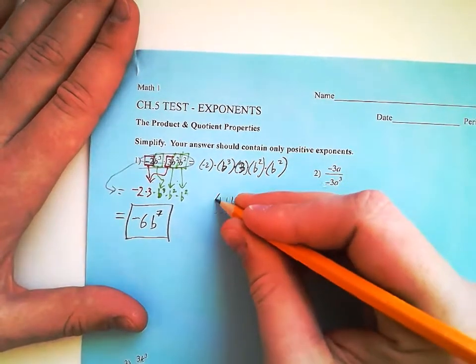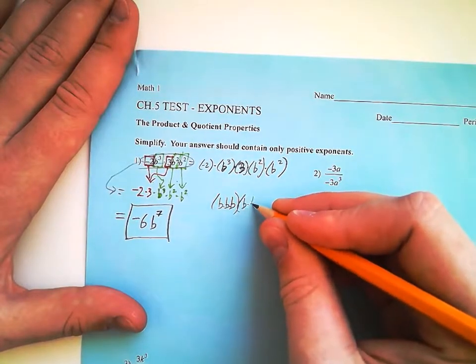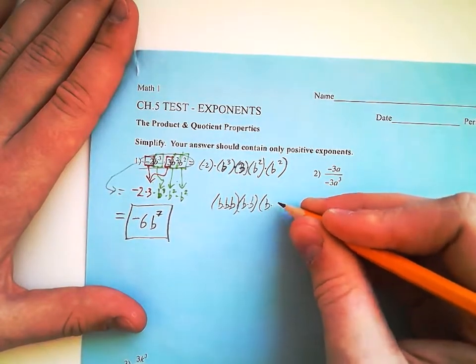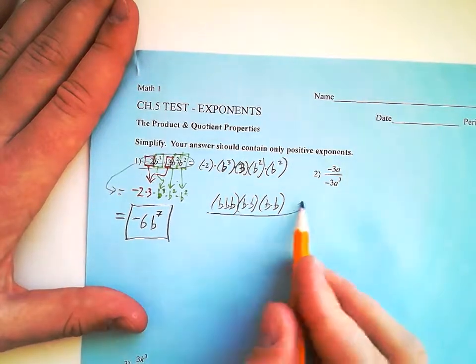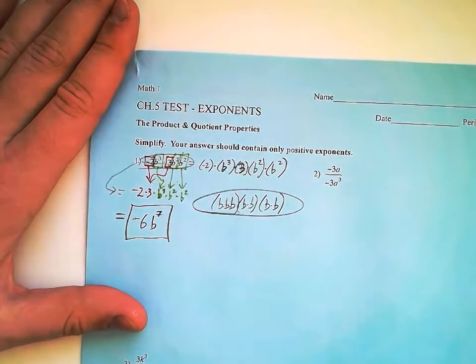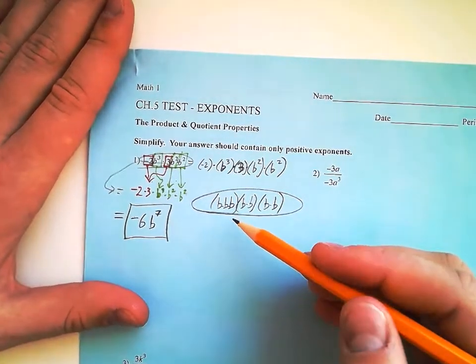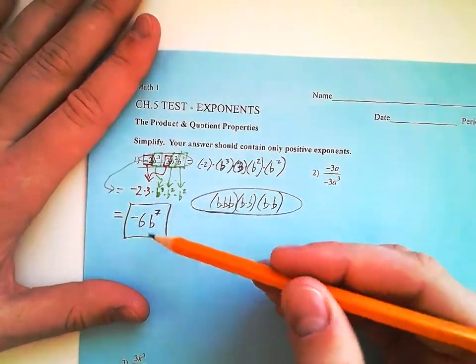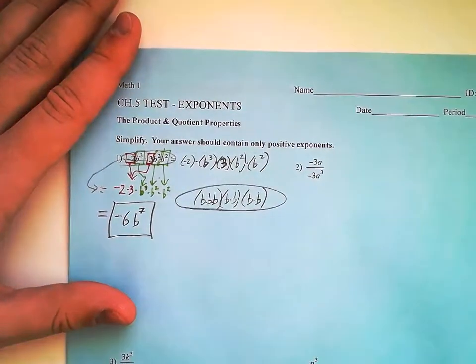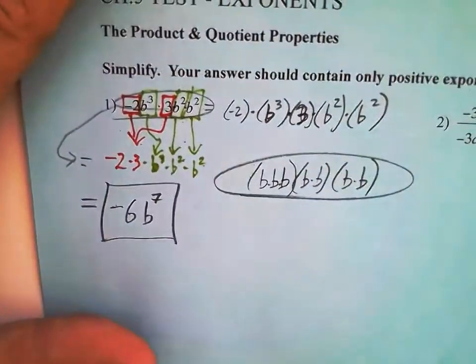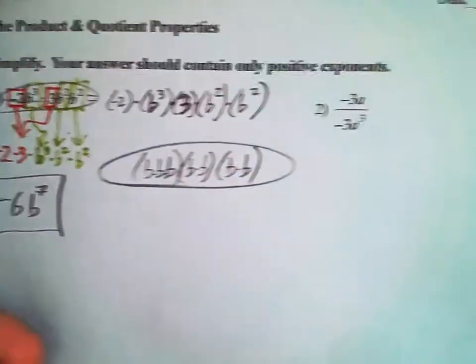B squared is b times b, and the other b squared is another b times b. So you've got 3, 4, 5, 6, 7 b's multiplied together. That's the product property for exponents that we learned. Okay, let me zoom in a little better here. So that's number 1.